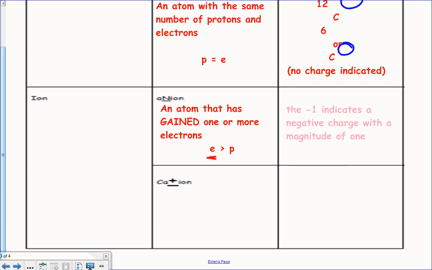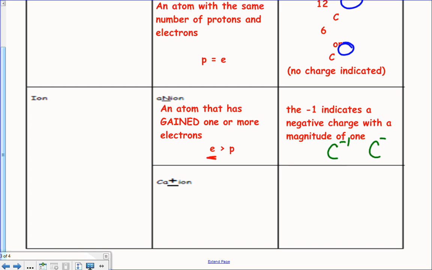When I write these, the -1 indicates that the charge is negative. So it would be a C with a minus or a -1. If there's no 1 though, it's still minus. That's negative. So it's a negatively charged carbon ion. Okay? And its vocab word is anion. It's annoying or negative, or it's got an N in it and it's negative.